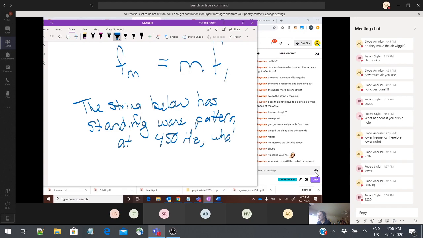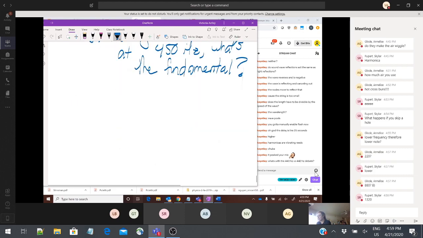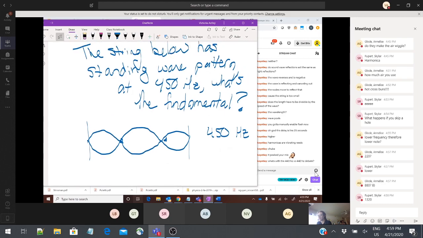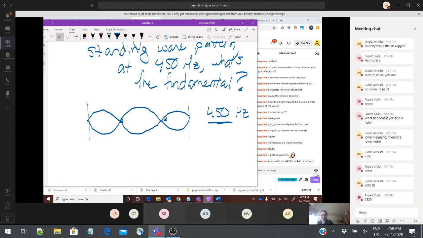What's the fundamental? So if I show you a pattern like this, and if I put in a frequency, I will get this particular standing wave pattern at this particular frequency. What's the fundamental?